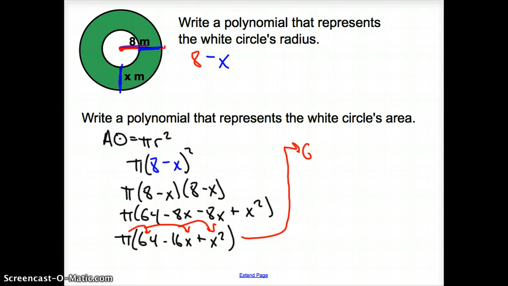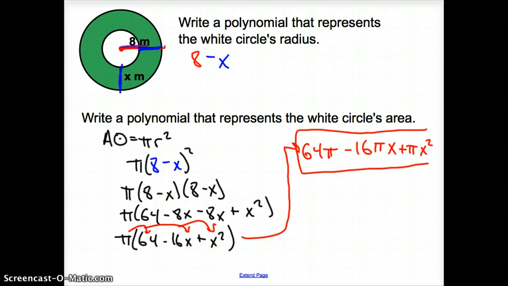So it's just 64 pi, and then I take this pi times the 16 to get minus 16 pi x, and then times the x squared to get plus pi x squared. And now this would be a polynomial. Yes, it is a polynomial that represents the white circle's area. That would represent the area of this white circle.